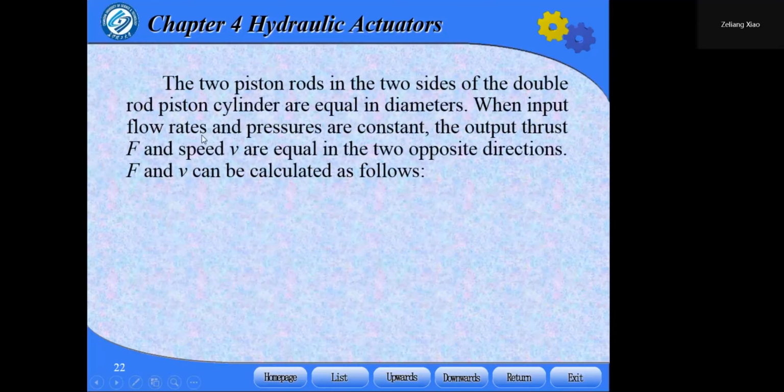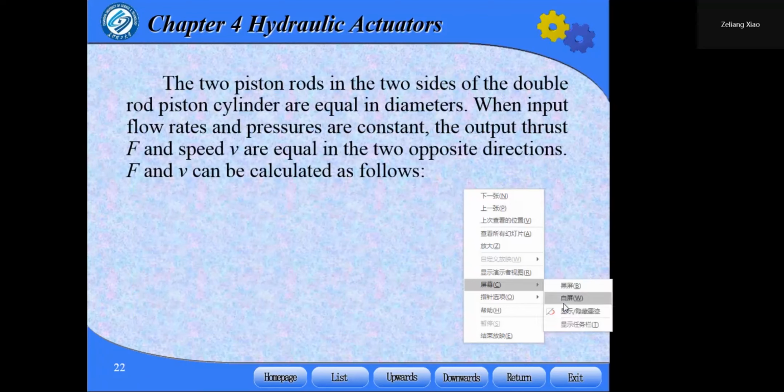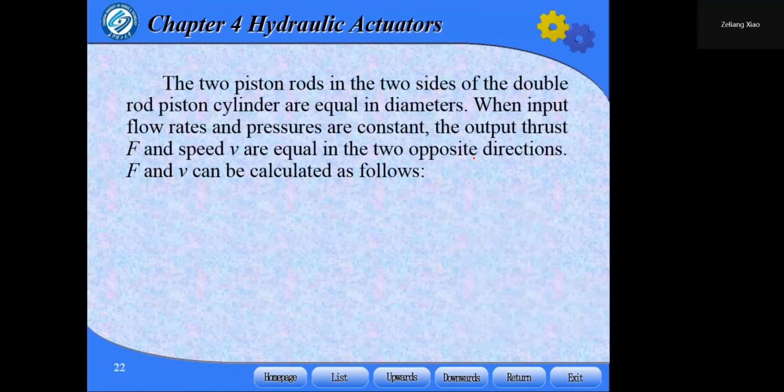When input flow rate and pressure are constant, the output thrust F and speed V are equal in two opposite directions.